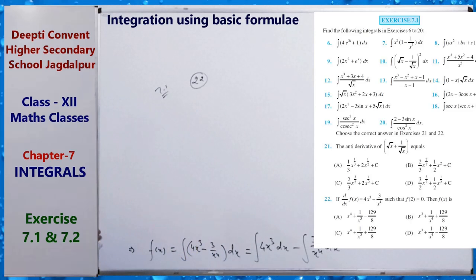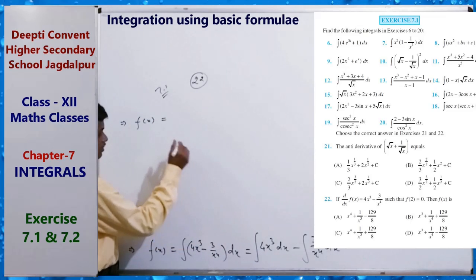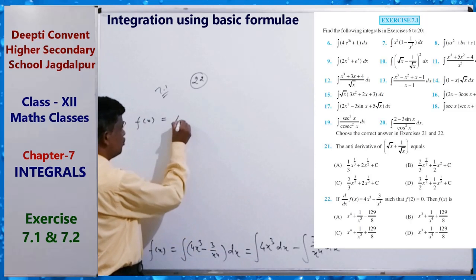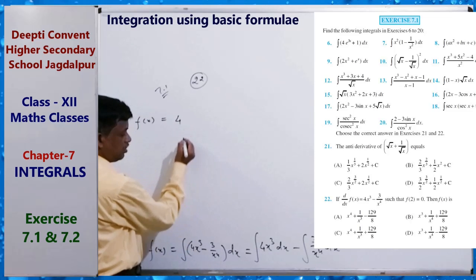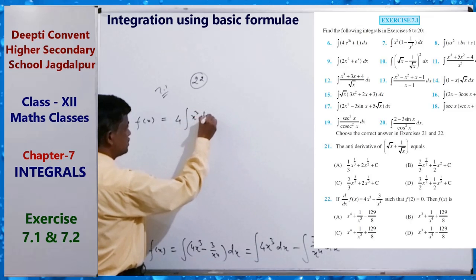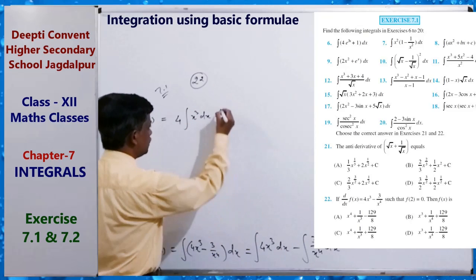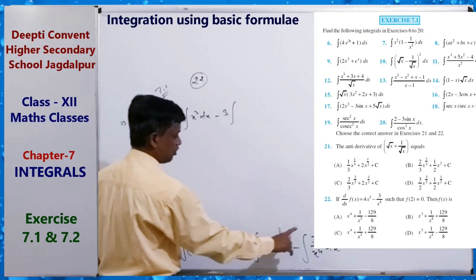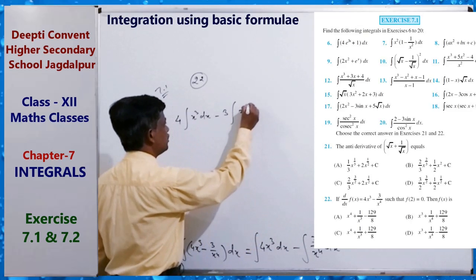Now we can write f(x) equals 4 times integral of x cube dx minus 3 times integral of 1 by x to the power 4, that means x to the power minus 4 dx.